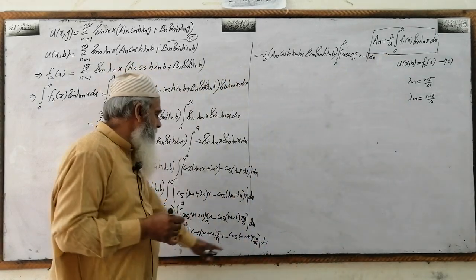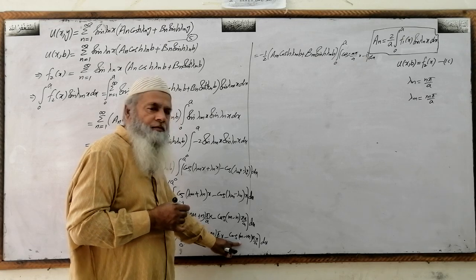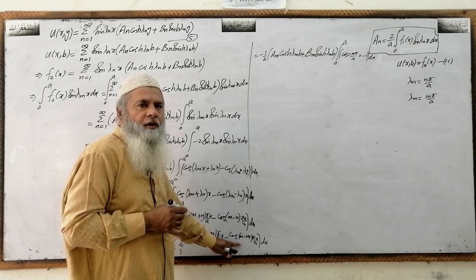Now how does this become minus 1? Because cos (m minus m) is cos 0, this will give you 1. Only this non-zero value will give you the non-zero value of the integral.